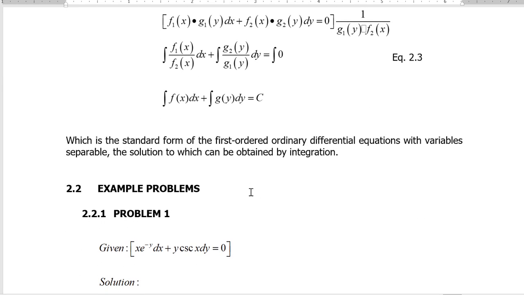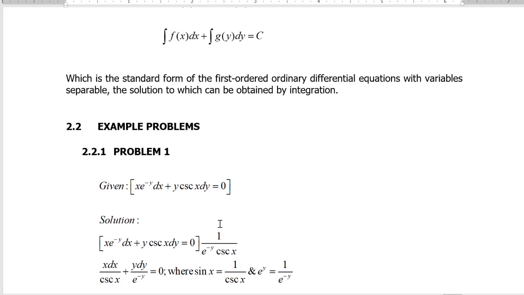First problem. Given x e raised to negative y dx plus y csc x (cosecant x) dy is equal to 0. Solution.